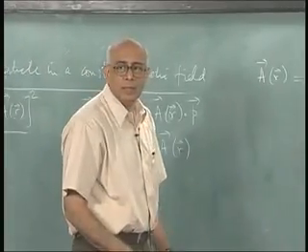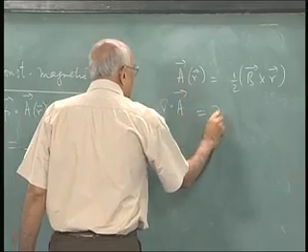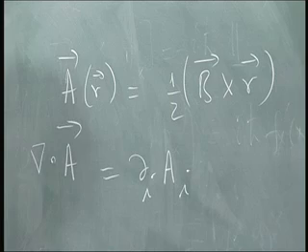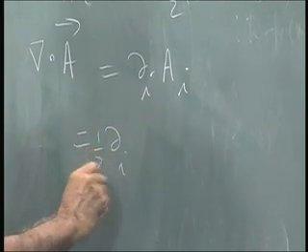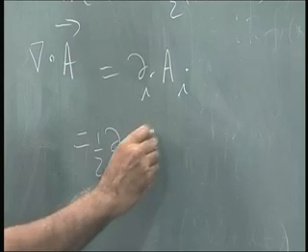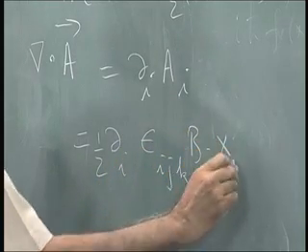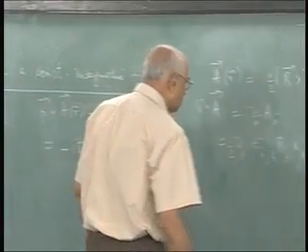I assert that it is trivially 0, because del dot A equals del i A_i in tensor notation, and A_i is half B cross R, so it is equal to epsilon_ijk B_j x_k, and B is constant.